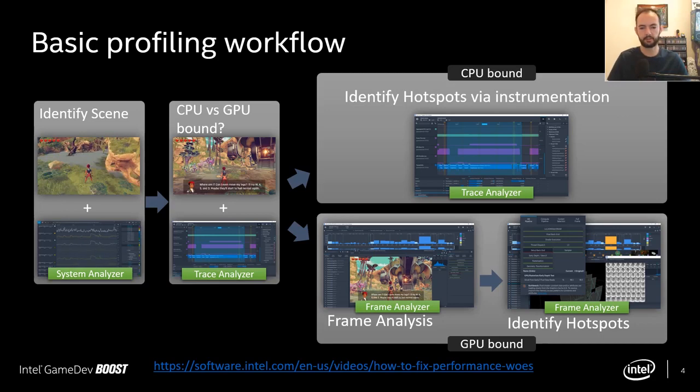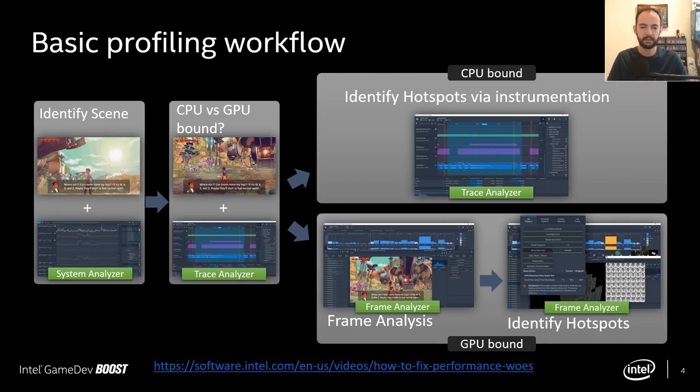And for that, we leverage one of GPA's cool features called automated hotspot analysis that will run through some metrics and then tell you on the graphics pipeline where the bottleneck for that particular draw call is. So as you can see in this workflow, I'm using each tool for some specific purpose.